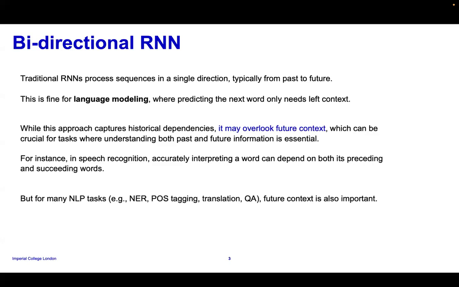We call them language models, and the task of language modeling is just predicting the next word. If you remember, a language model predicts the next word from left to right.